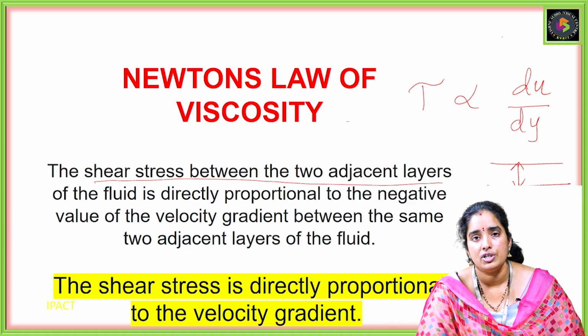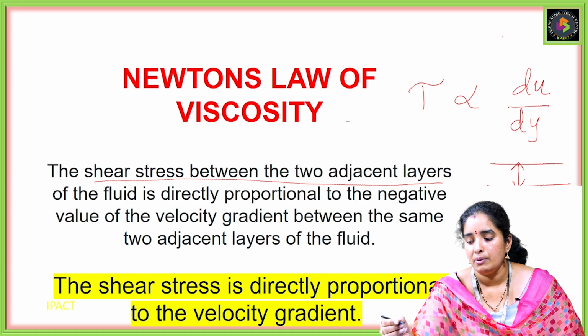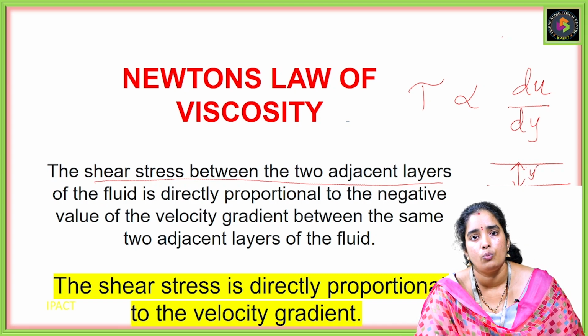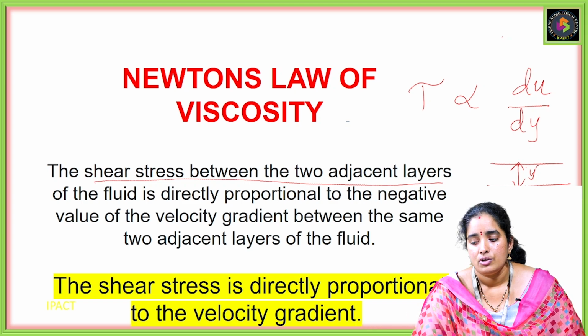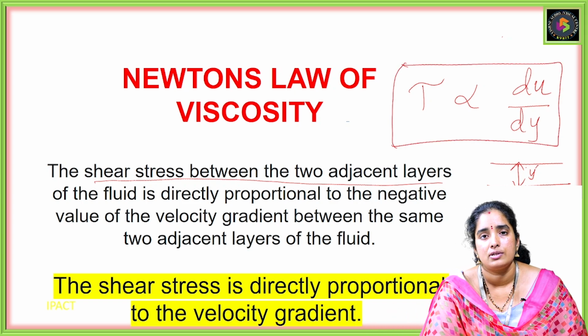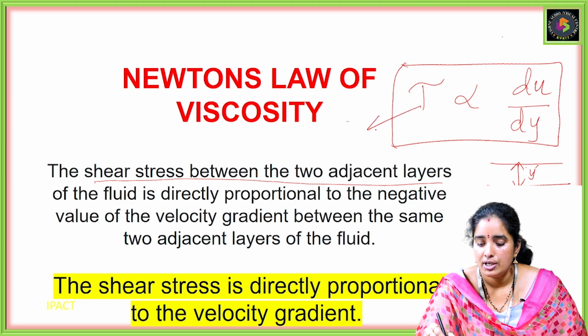What is the shear stress applied between the two layers? That can be represented in the y direction, so I am writing it as dy. How the velocity is changing. So this is nothing but Newton's law of viscosity: tau proportional to du by dy, where shear stress tau is force per unit area.